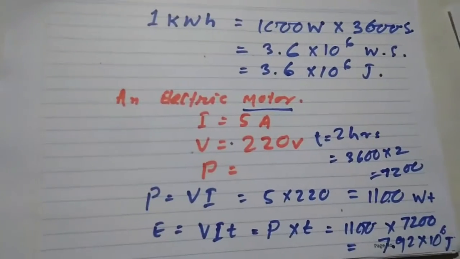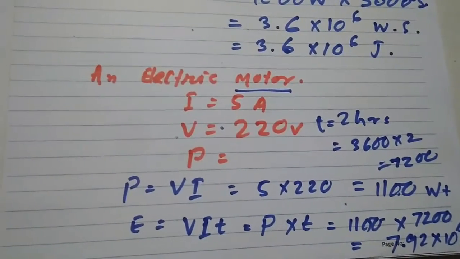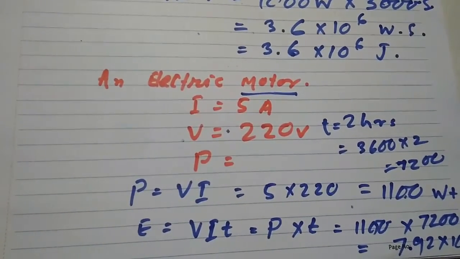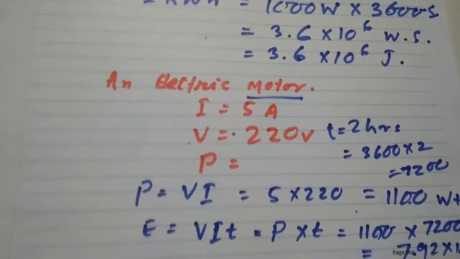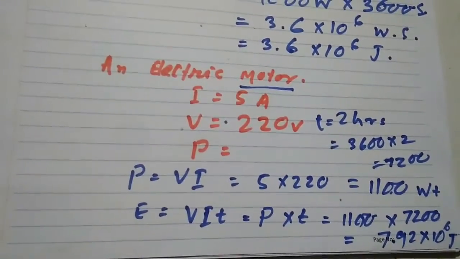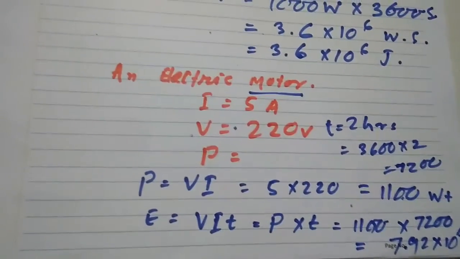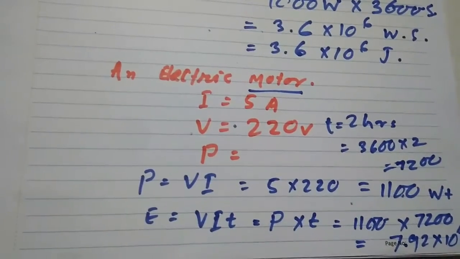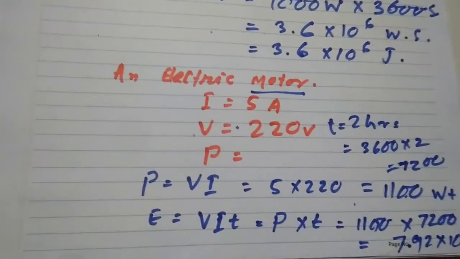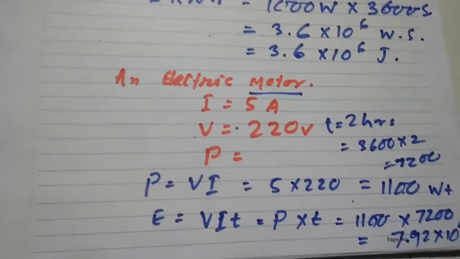So this is how you can calculate energy from power, and you can also multiply it by the rate charged by the electric supplier per unit. Unit means kilowatt hour, so multiply by the charge per kilowatt hour and get the bill. Hope this video is helpful. Thank you.